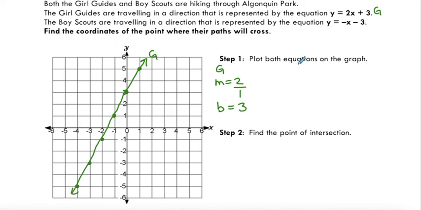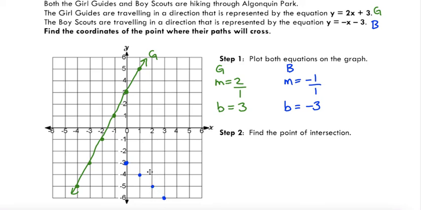And then I'm going to take a look at my second equation. I'm going to call this one B for Boy Scouts. My slope from that line is negative 1. I can make that into a fraction by putting it over 1, and my y-intercept is negative 3. So I'm going to plot my y-intercept first. From here, I'm going to go down 1 and right 1, down 1, right 1, and so on.